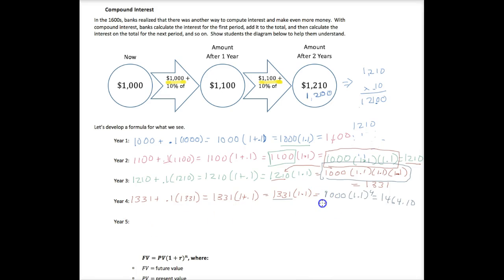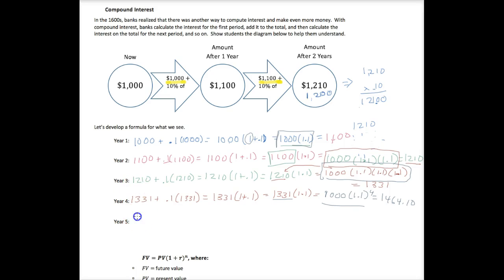So we're going to repeat the whole thing over again. But if we look, what we have is a nice pattern going on here. We have 1,000 times 1.1. So we notice 1.1 to the year 1, 1.1 times 1.1 is year 2. So our 1.1s are principal, because this 1 represents the principal while this is the interest. Our principal plus the interest, times power, is going to give us our answer.